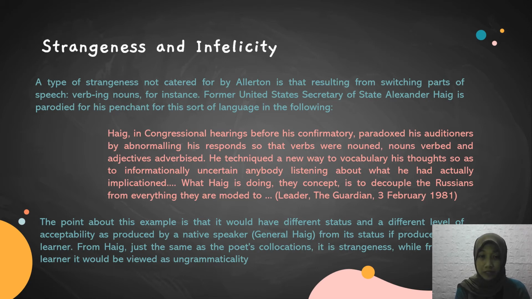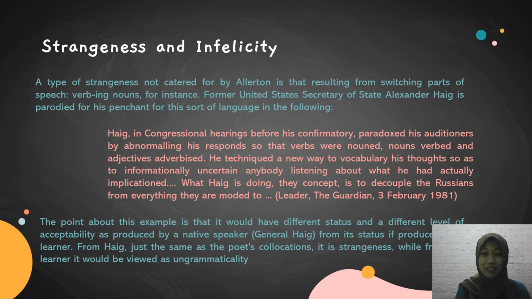Haig, in congressional hearings before his confirmatory, paradoxed his auditioners by abnormaling his response so that verbs were nouned, nouns verbed, and adjectives adverbized. He techniqued a new way to vocabulary his thoughts so as to informationally uncertain anybody listening about what he had actually implicationed. What Haig is doing, they concept, is to decouple the Russians from everything they are molded to.